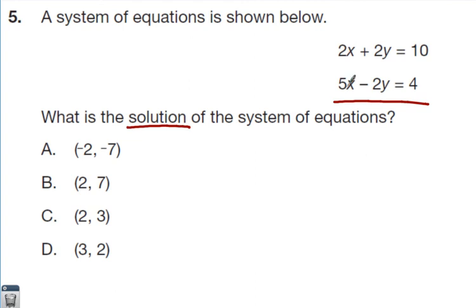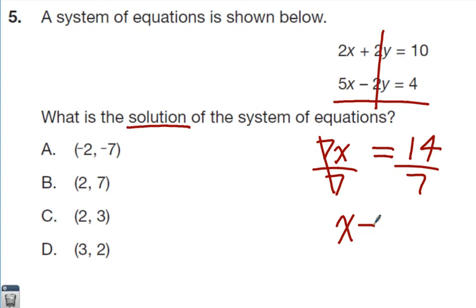So 2x plus 5x, that's going to be 7x. The y's are going to add each other away, they're going to cancel out, and bring down the equal sign. And 10 plus 4 is 14. So now I can get x by itself by dividing both sides by 7, and I get x equals 2.